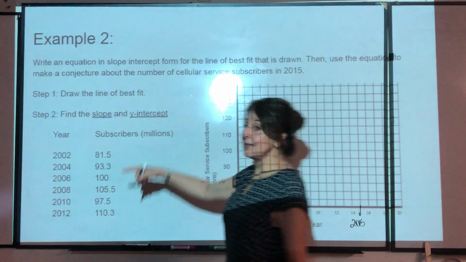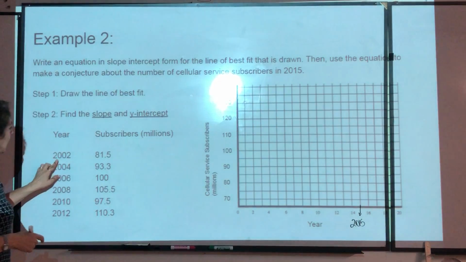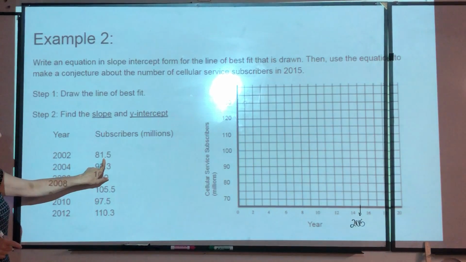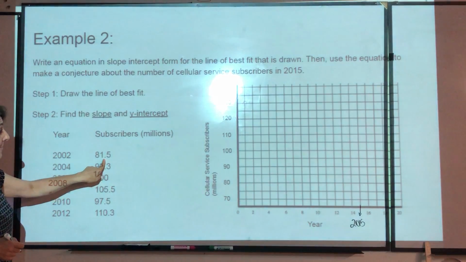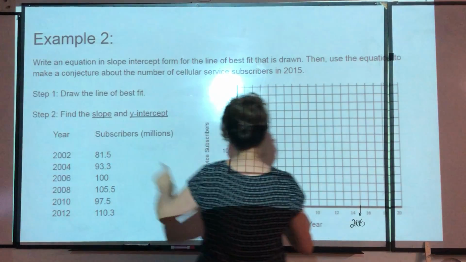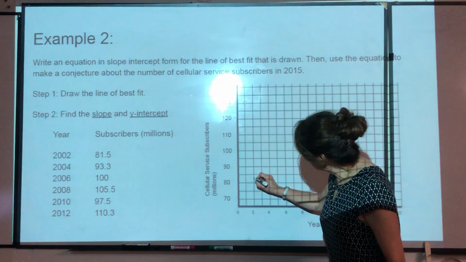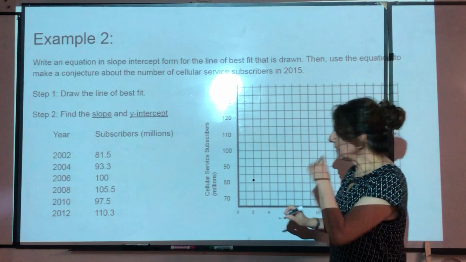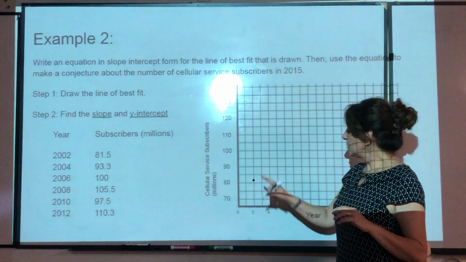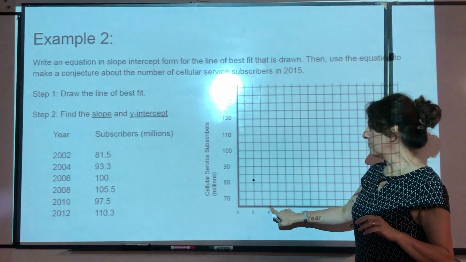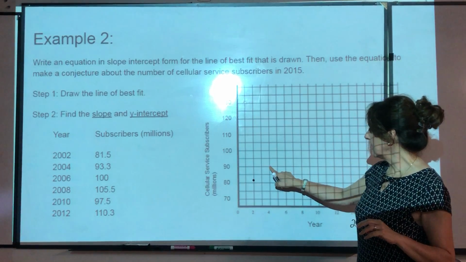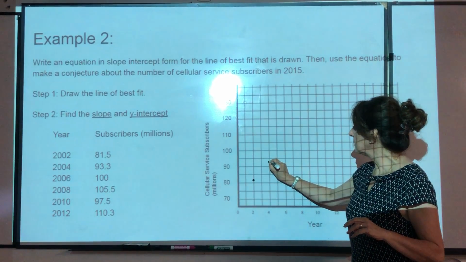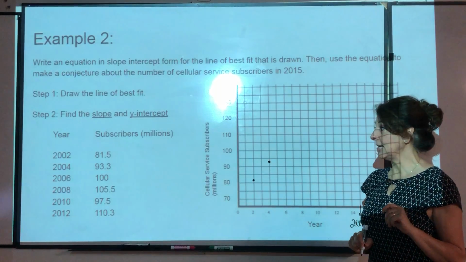And now let's get the information that we have. In 2002, 81.5 million subscribers. So in 2002, this is 85, so here, 81.5. In 2004, I have what? 93, so somewhere around here.